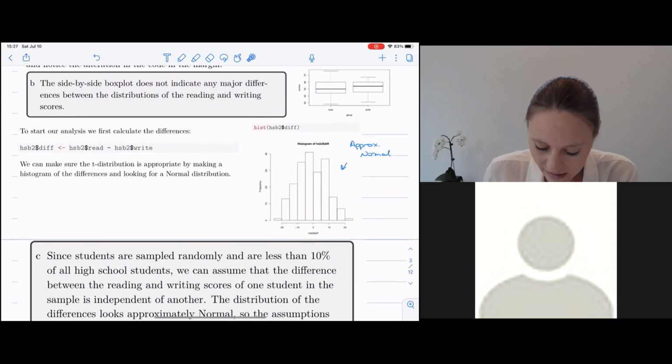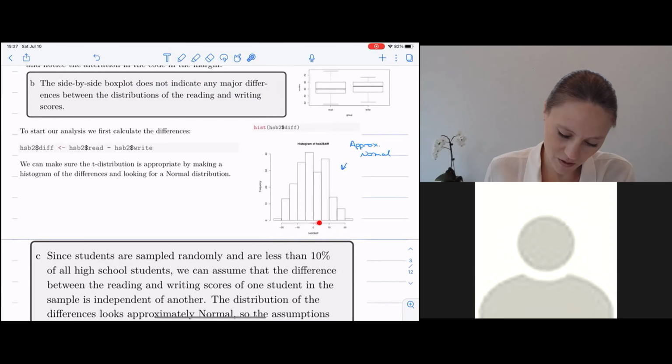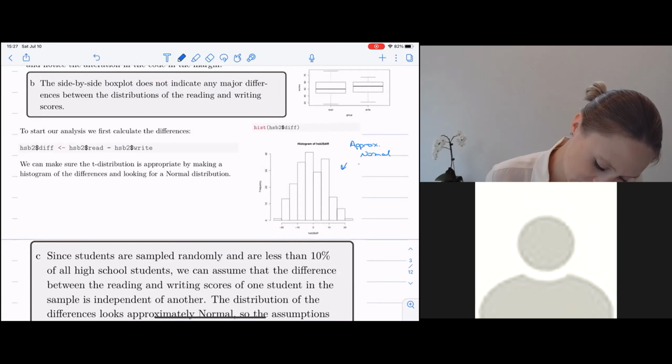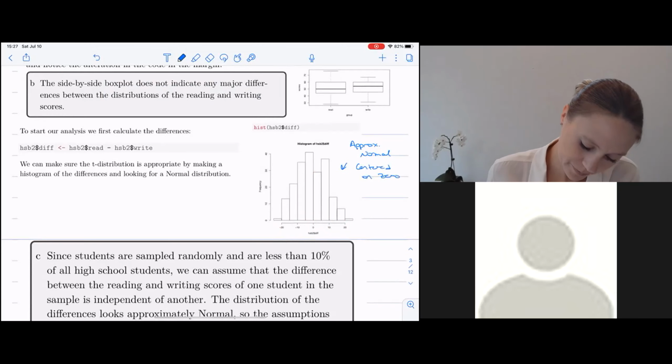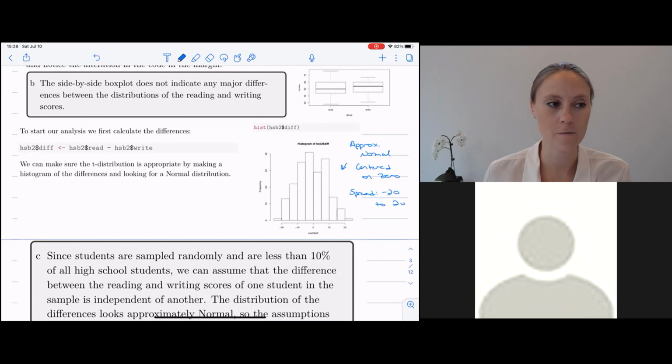We see that there is some variation here, going from -20 to +20-ish. That's a huge spread, but it seems to be centered on 0. So that's just something to keep in mind: centered on 0, and the spread is roughly -20 to 20.